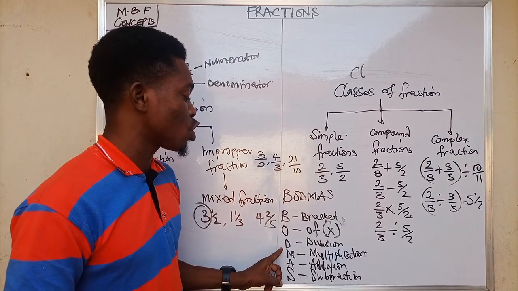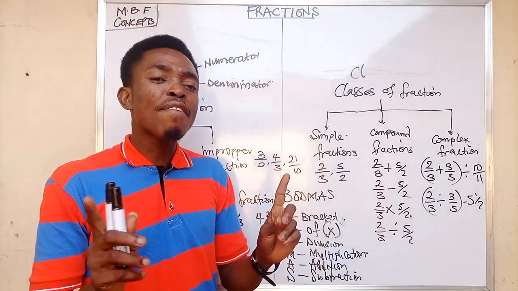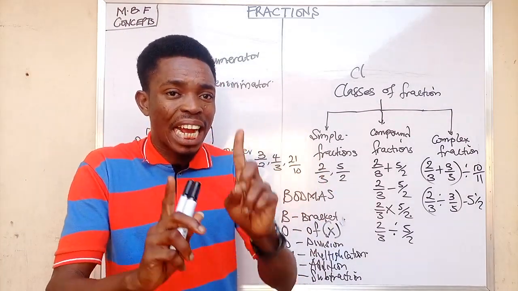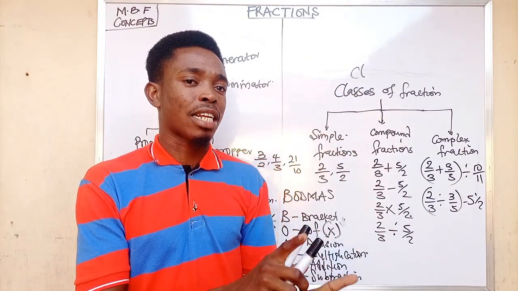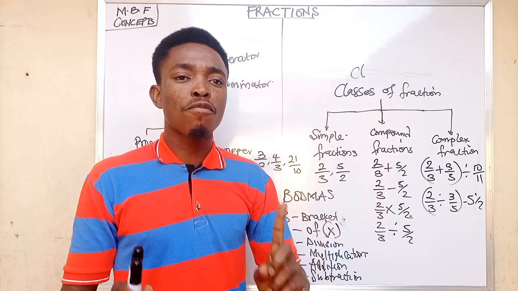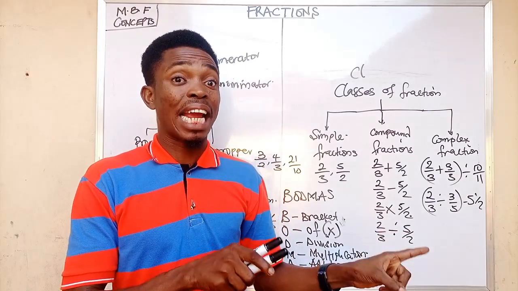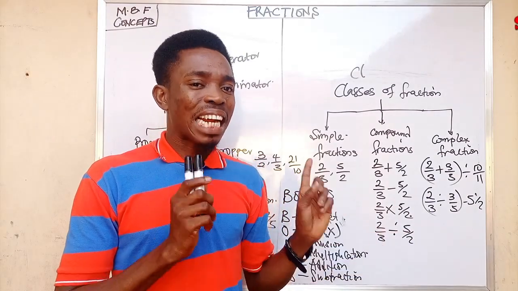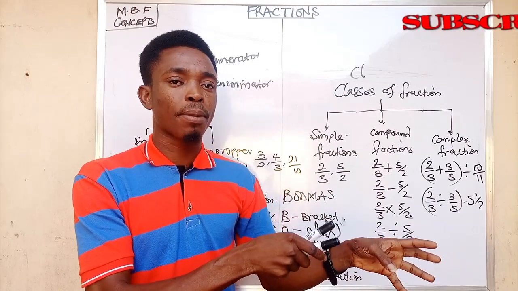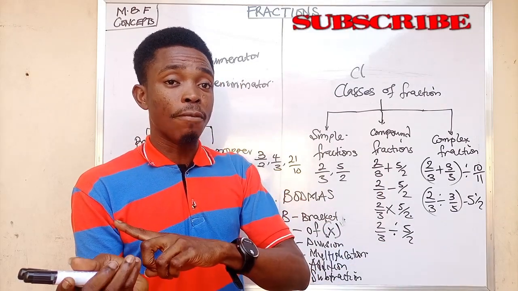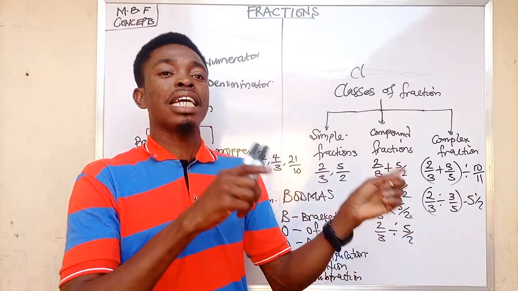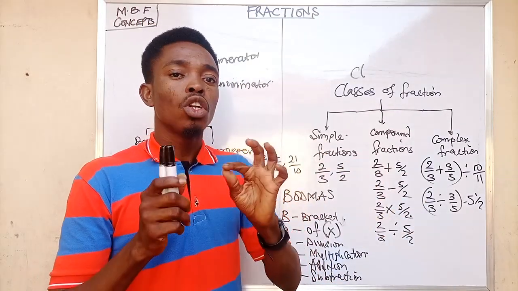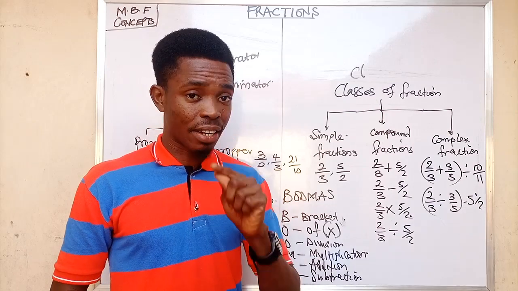After you have treated the division, then you come to multiplication. So if I have division and multiplication together in one question, I must first deal with the aspect connected with the division sign before I put the multiplication sign into consideration. But if you try to look into the multiplication sign first, ignoring the division sign, you are not going to have the required answer.